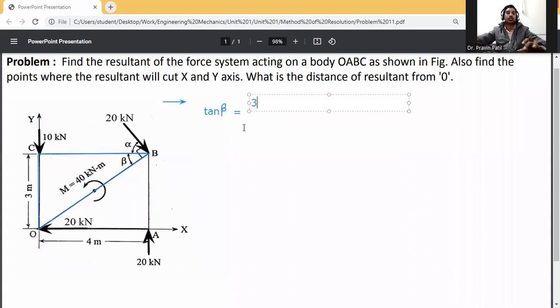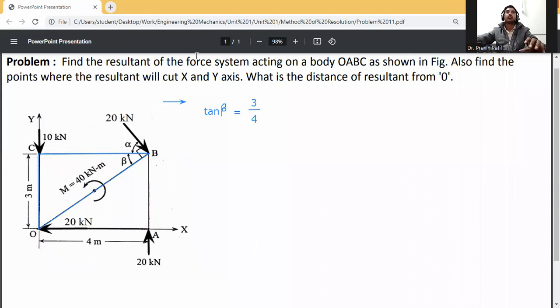Opposite side is 3 meter, and adjacent side is OA, which is equal to BC. So that will be 4 meter.